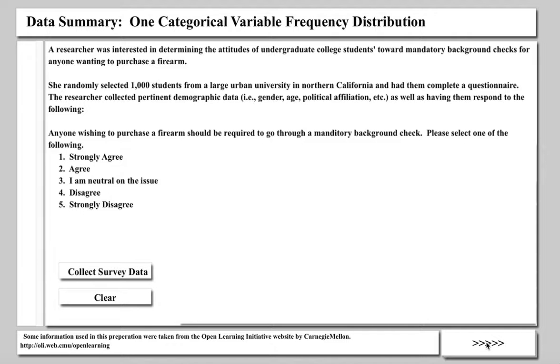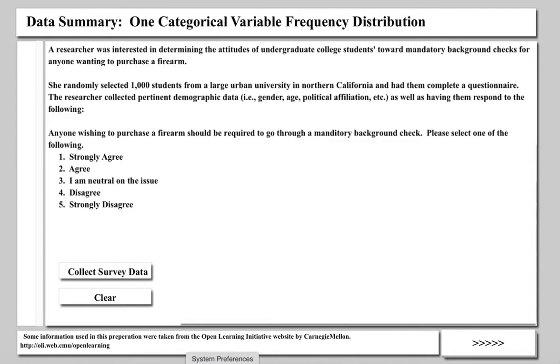Okay, suppose there was a researcher who was really interested in determining the attitudes of undergraduate college students toward mandatory background checks for anyone wanting to purchase a firearm. So the researcher put out a survey, collected some of the necessary demographic information, gender, age, maybe political affiliation, maybe socioeconomic status, a whole bunch of demographics, but we're not going to work with that now.